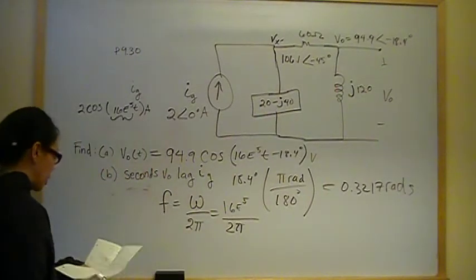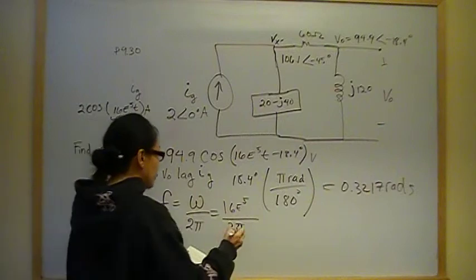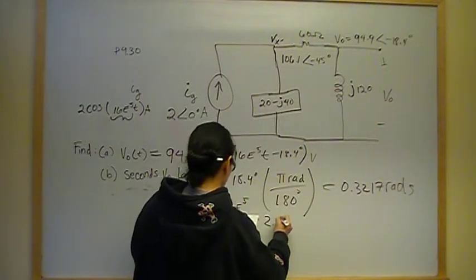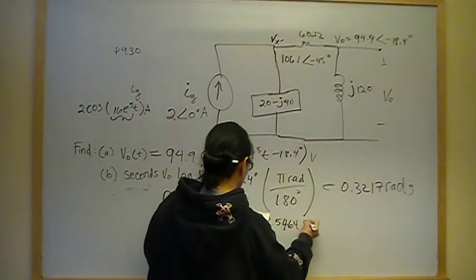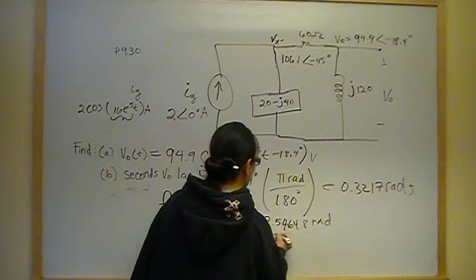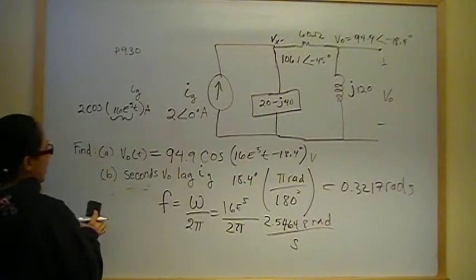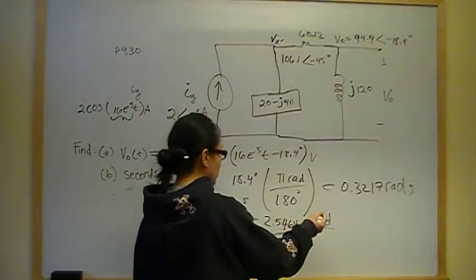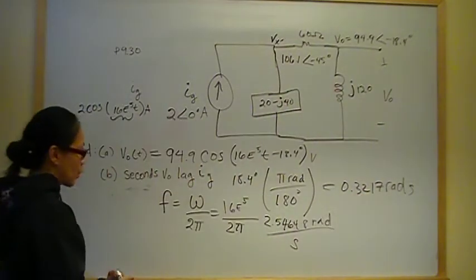And that gives me 2.54648 radians per second. Okay? So now that I have that information, I can say if there's 2.54 radians per second and I have that many radians, how much time passed?